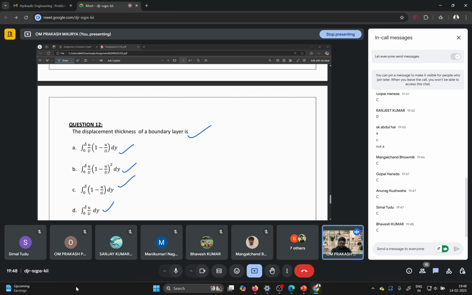Okay, Bhavesh is also telling option C. Okay, let me discuss the formula and then the concept behind displacement thickness.